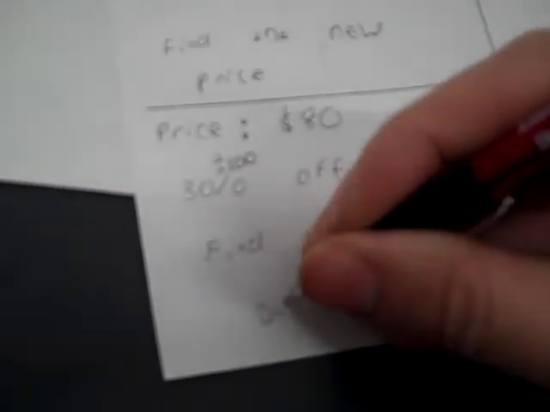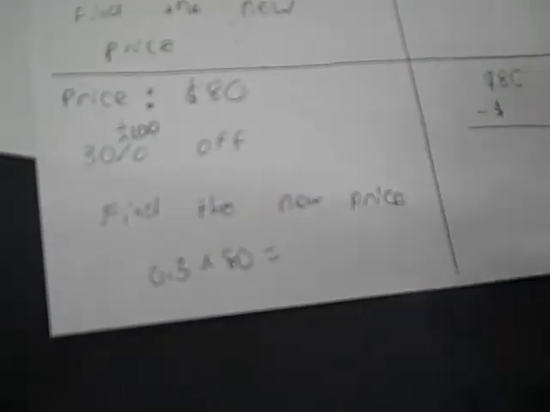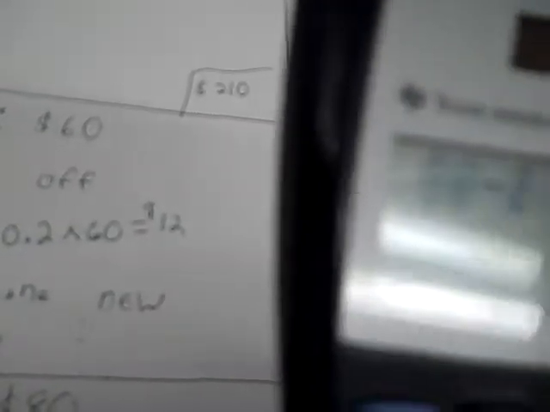Okay, and I get 0.3, and I need to then times that by how much money we're at, which is 80. That's going to be 24, okay? So the 24 is how many dollars I get to take off there. So 80 minus 24 gives me my answer to this problem. So 56.